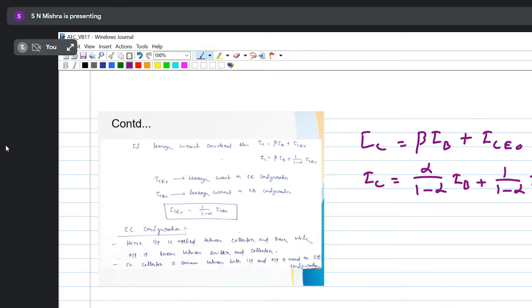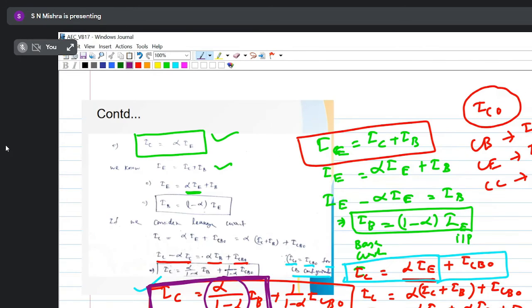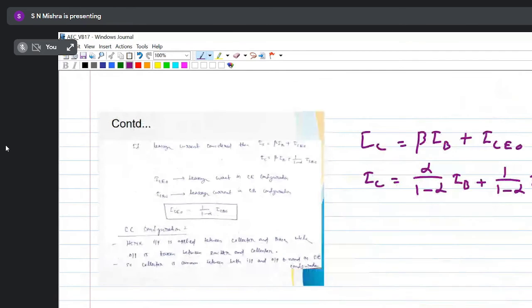Okay. Here we have derived in the previous case this entire equation, IC equals to alpha by 1 minus alpha into IB plus 1 by 1 minus alpha into ICBO. So here same thing I have written. Now you compare these two, what will you get? This factor is same as this factor and this term is same as this term or not?